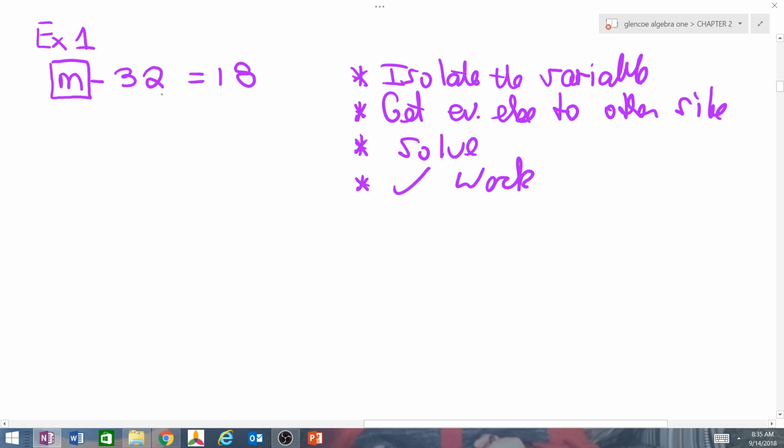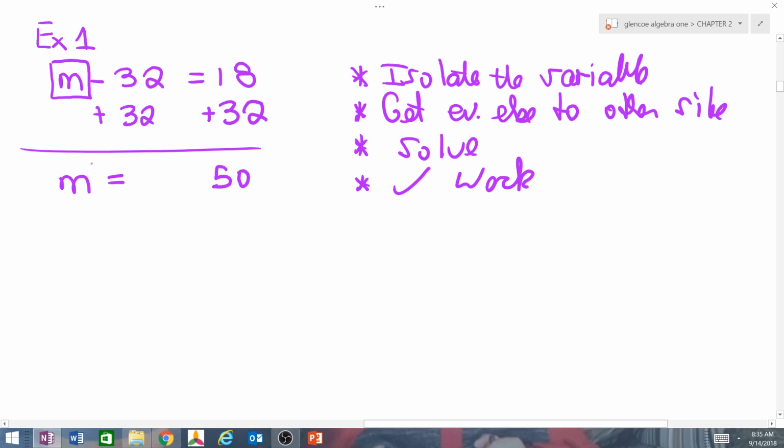So we have m minus 32 equals 18. Y'all remember, when you're subtracting a number from a variable to move it to the other side, we have to keep the equation balanced. So we do what we call opposite operation. So we're going to add 32 to each side. And when we do, we get m equals what, guys?